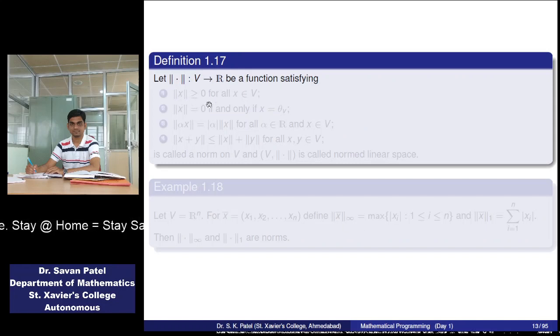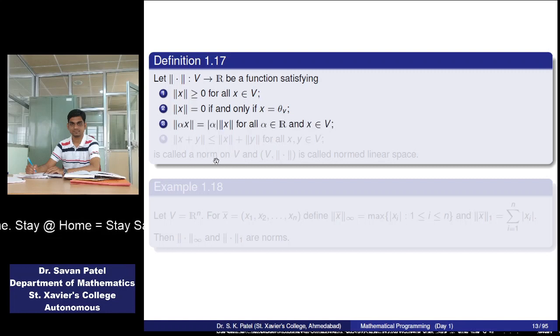Norm is a function from V to R satisfying four conditions. First, norm of x should be non-negative for all x in V. Norm of x is 0 if and only if x is the identity element of V. Norm of alpha times x should be the same as mod of alpha times norm of x for all alpha in R and x in V. And norm of x plus y should be less than or equal to norm of x plus norm of y for all x and y in V. This fourth property is called the triangle inequality.